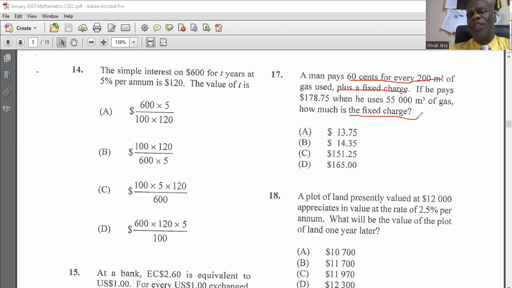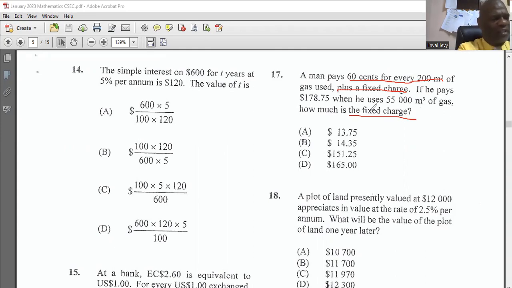Good. Now, what we have to do, we have to use our estimation sense, and so right away we can even eliminate some of the answers. Like if you want to find just a fixed charge, we know that it's going to be a small charge, right? It's not going to be the total cost of the gas that you want, but you have to find the total cost of the gas anyway.